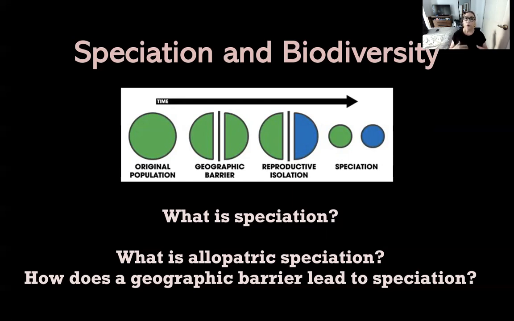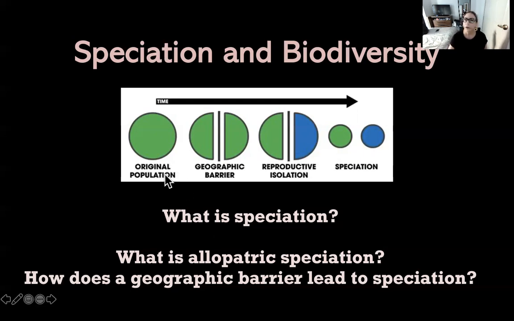Individuals that are better adapted to their environment produce more offspring, passing on their genetic traits until over many, many generations, a lot of the organisms in that population have that trait. So let's apply that to speciation.